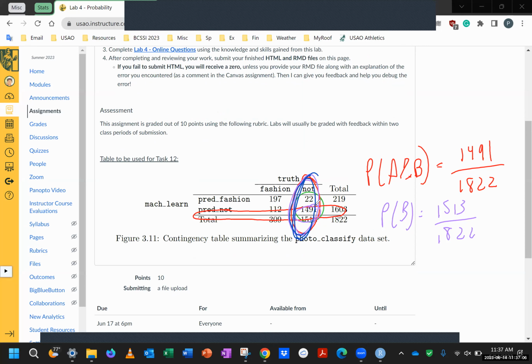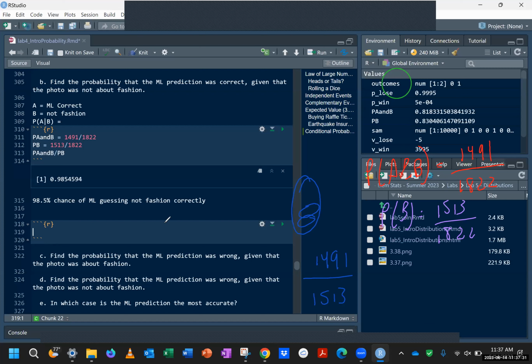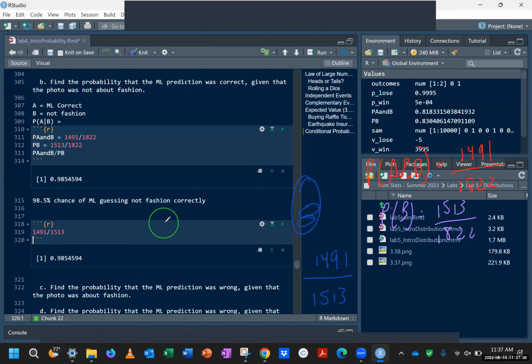So the machine learning is correct 1491 out of 1513. And so that gives us a very good way to check our previous answer. 1491 over 1513. Same way to do it.